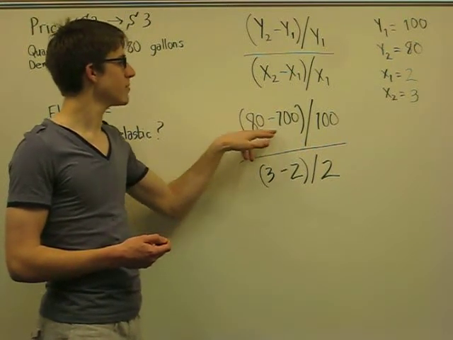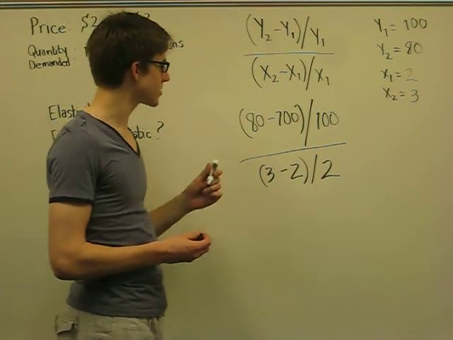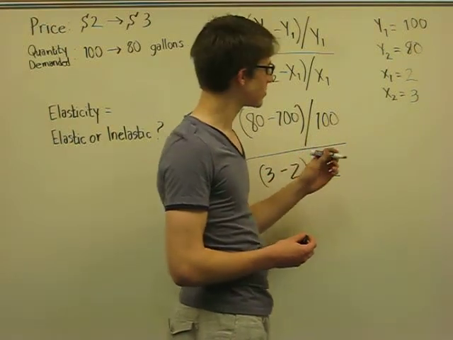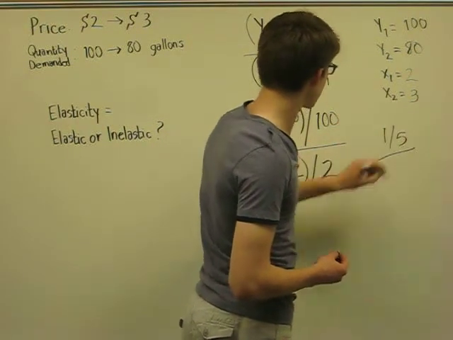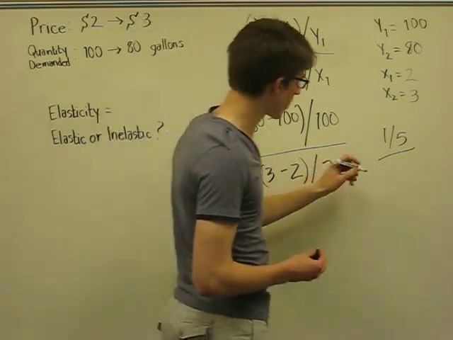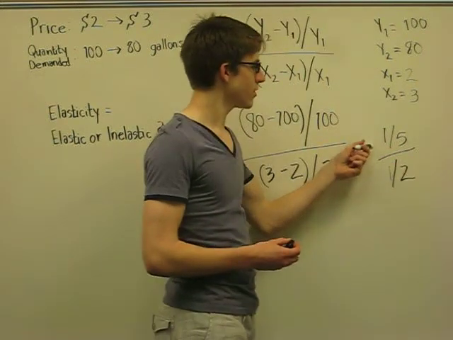So we see 80 minus 100, which is going to be negative 20, but we'll just make it 20 for ease. So we have 20 over 100 on top, which simplifies to 1/5. And on the bottom, we have 3 minus 2, or 1 over 2, 1/2. To divide, flip and multiply.